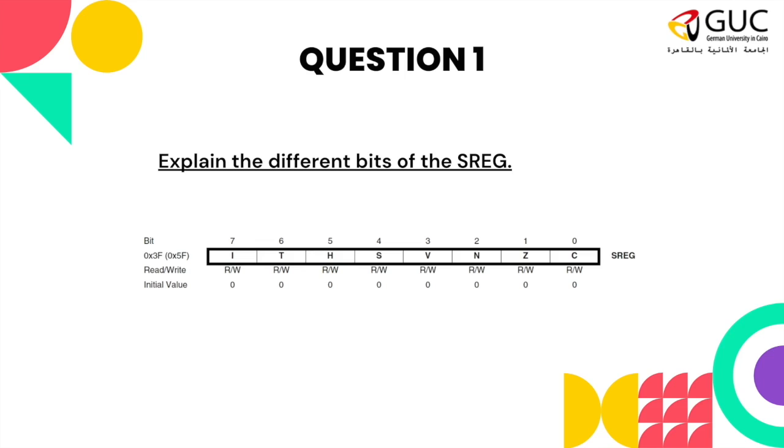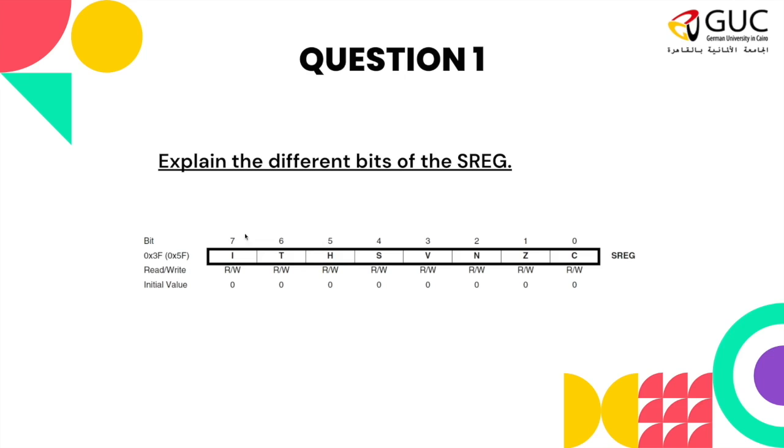However, we only need 6 out of the 8 bits to inform me about the result or information about the last arithmetic operation. So bits 0 to 5, which are 6 bits, are the only bits inside the status register that are related to the arithmetic operation that occurred inside the ALU.